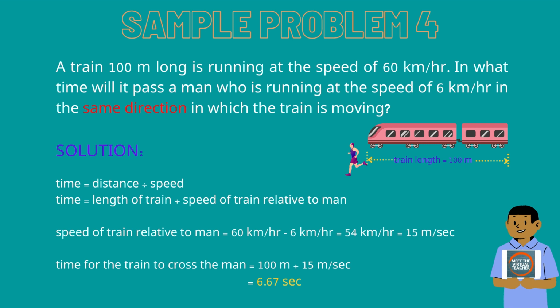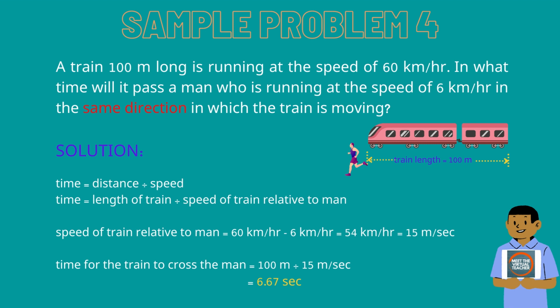So we will compute first the speed of train relative to man, which is simply the speed of train, which is 60 kilometers per hour, minus 6 kilometers per hour, the speed of the man. So it will be equal to 54 kilometers per hour, or in meters per second, it is equal to 15 meters per second.